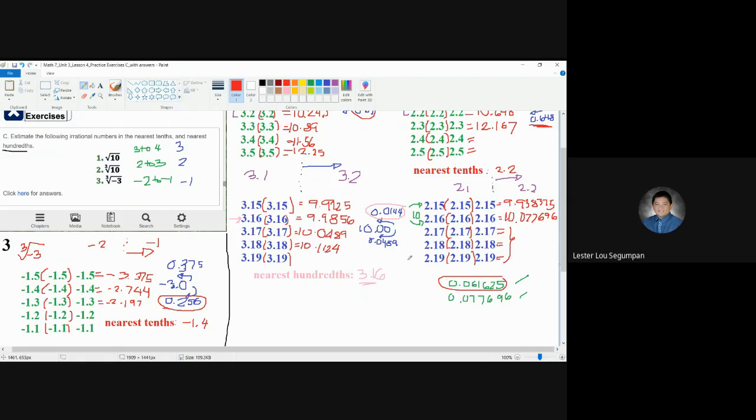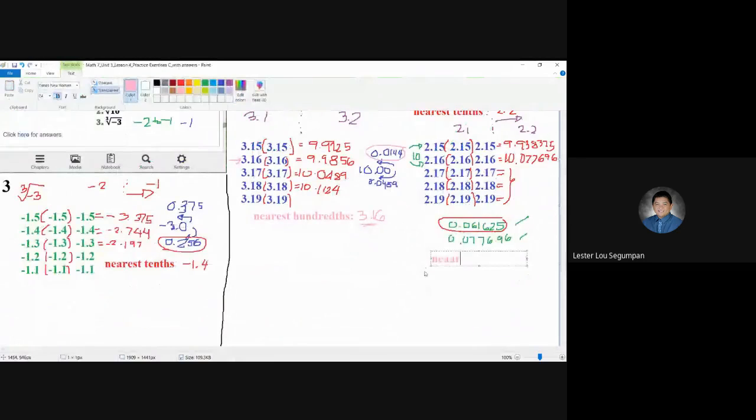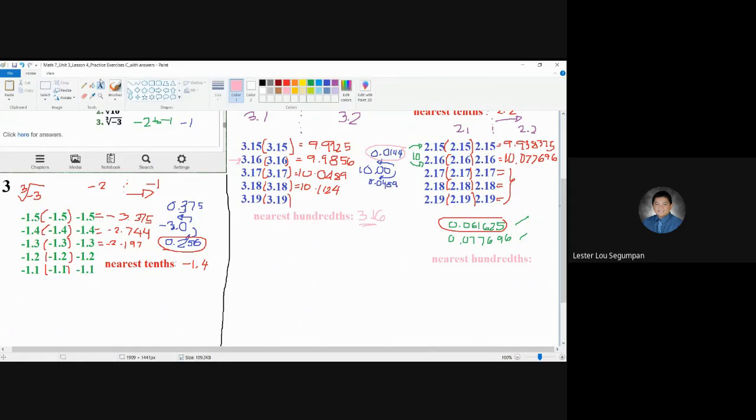So the final answer in nearest, again, wrong spelling, nearest hundredths. The nearest hundredths for cube root of 10 is actually 2.15. Okay, 2.15.